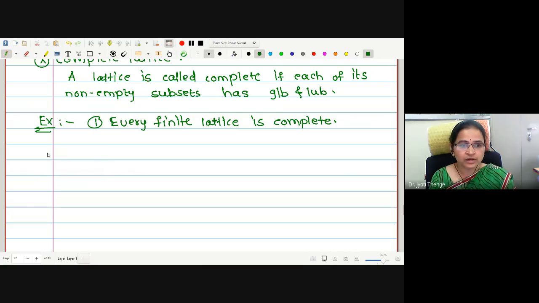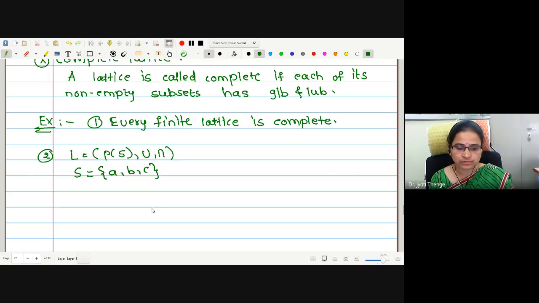If I want to give an example, say lattice L defined as a power set under union and intersection as join and meet. Suppose S is a 3 element set {A, B, C}.